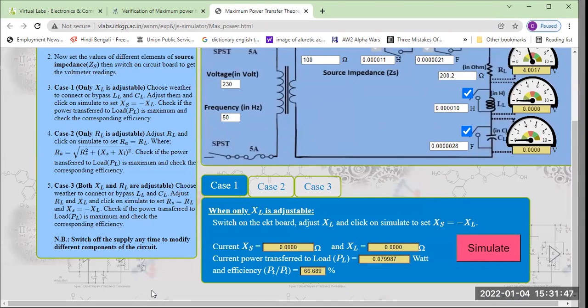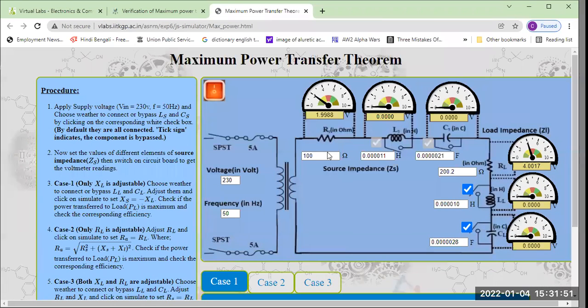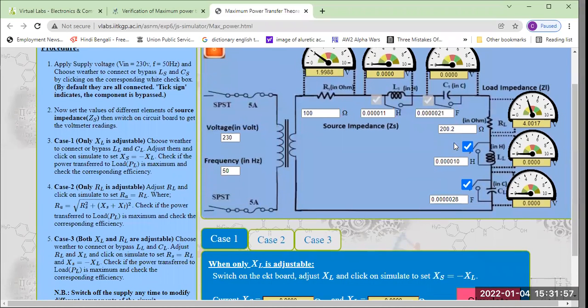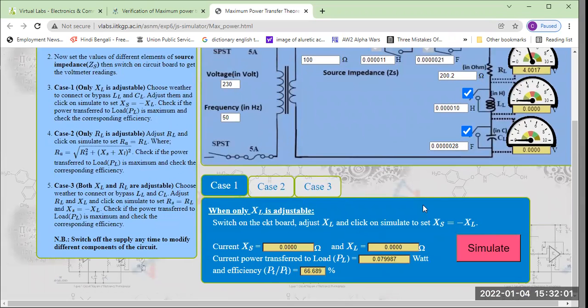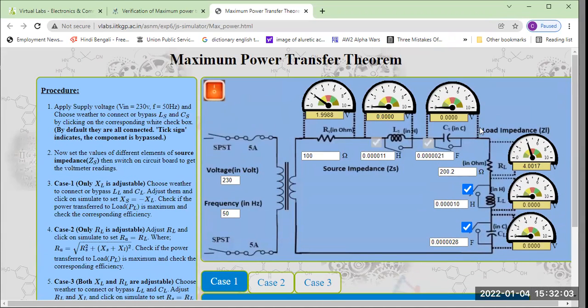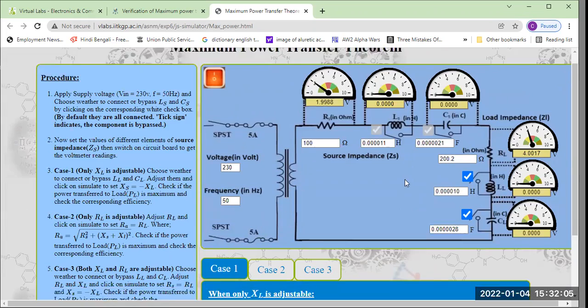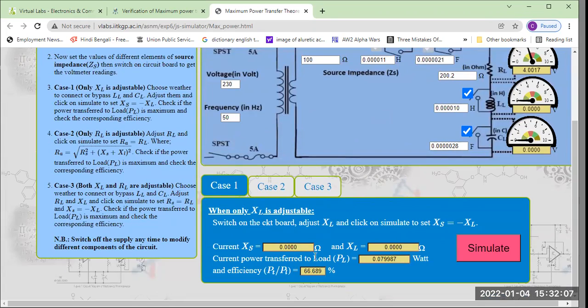There is no table in this experiment, because this is only for your realization, not for your tabulation format. Other experiments have a tabular format, so that you can realize it from the table. But here you can only experience the real thing from the wattage and efficiency.